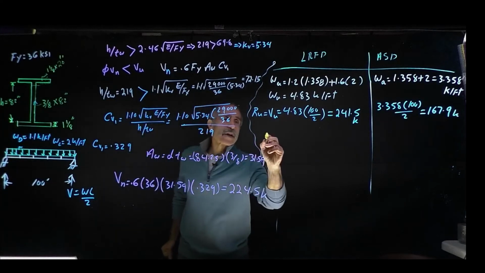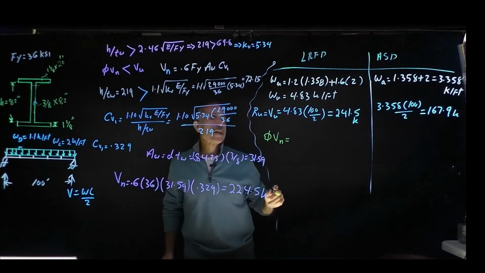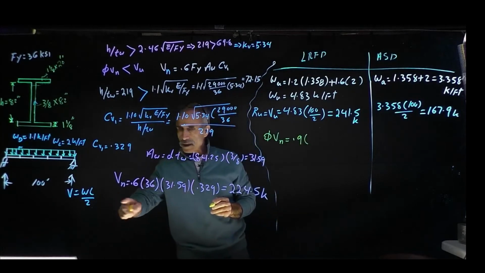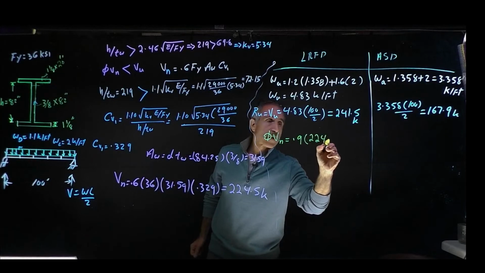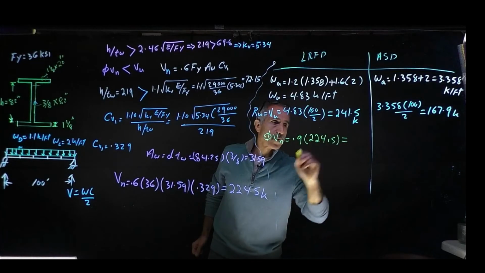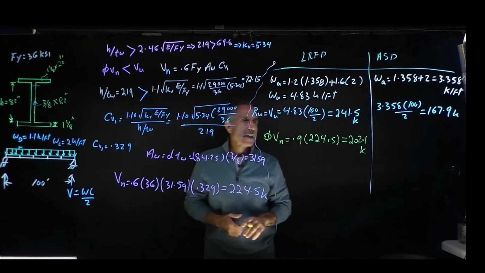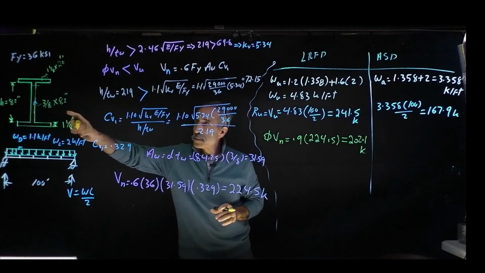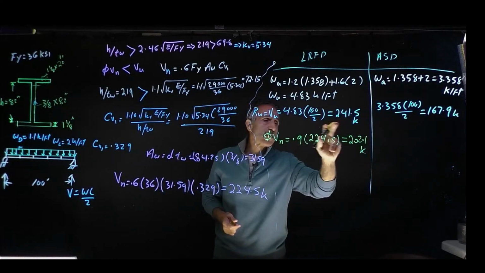Okay, so here we're going to have phi times Vn, and that's going to be equal to 0.9 multiplied by 224.5, which comes out to 202.1 kip.